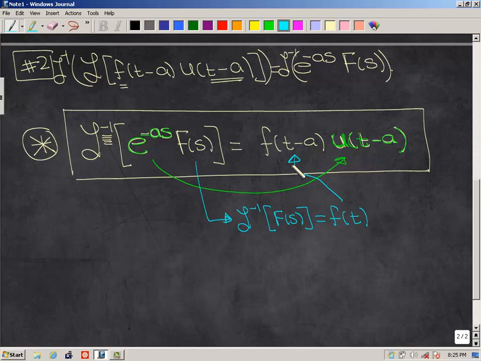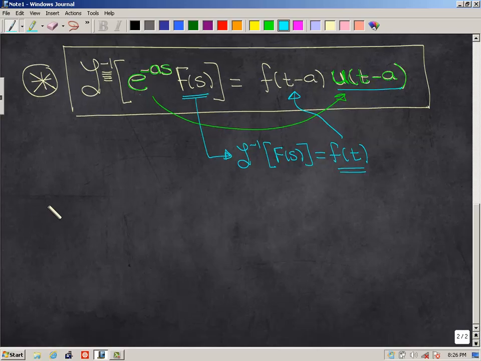So when we're doing the inverse Laplace of functions where we have big F of s multiplied by some exponential, that exponential will result in a step function. Then you take the inverse of big F of s, and whatever function you get, you shift it by a units.